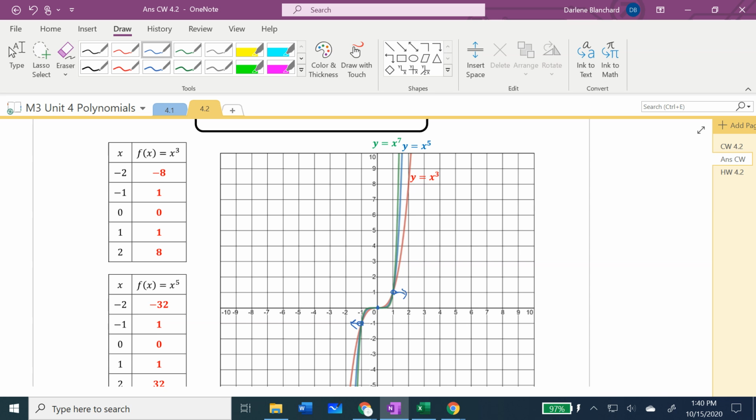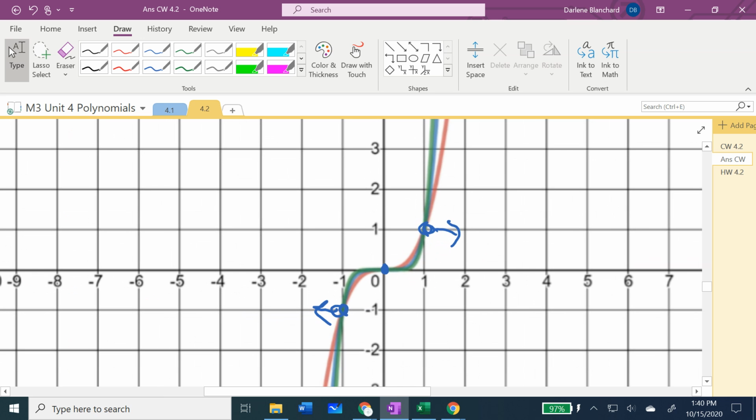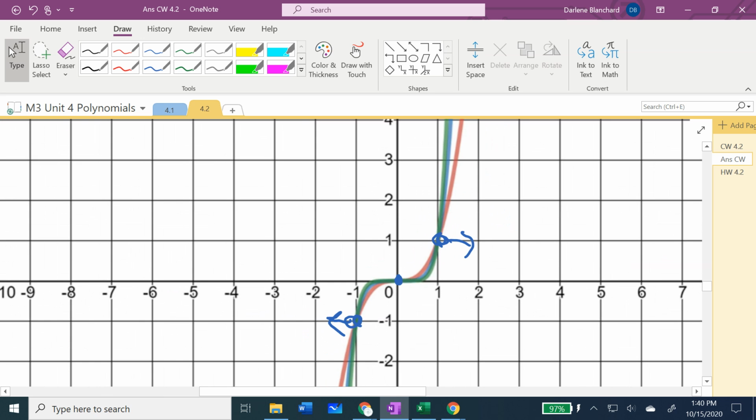But if I'm dealing with numbers in between 0 and 1, the higher the exponent, the more flat it is. Because if you're taking a number whose absolute value is smaller than 1 and you're multiplying it a lot of times, you're making a very, very, very small number.